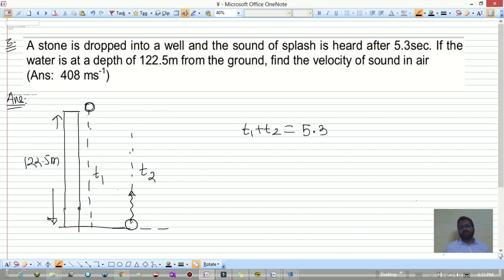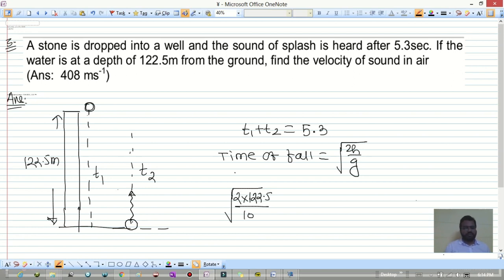Right, now t1 is the time of fall. We know that time of fall is equal to the root of 2h divided by g. So we have root of 2 into h, which is 122.5, divided by 10.